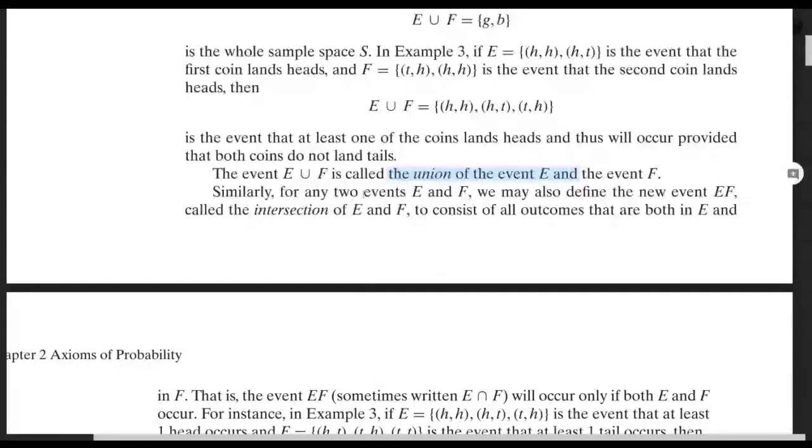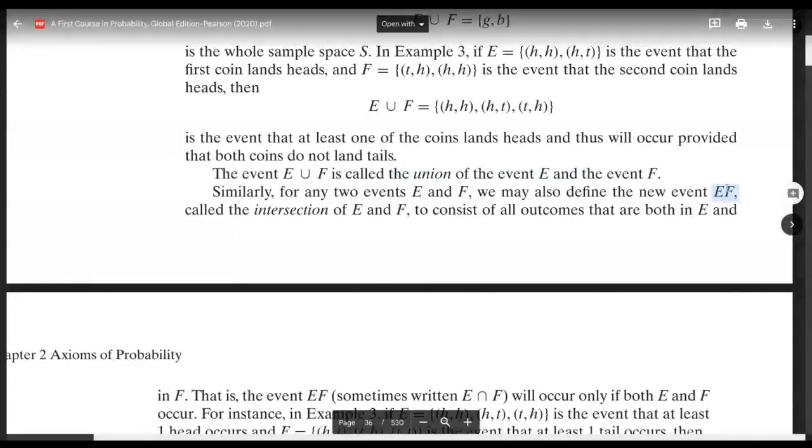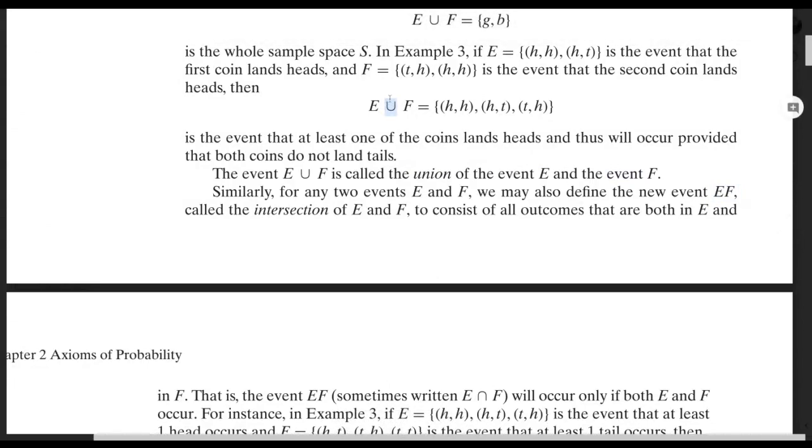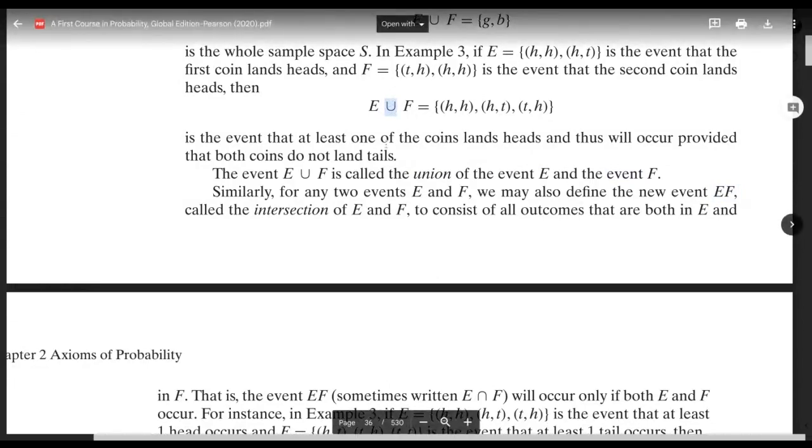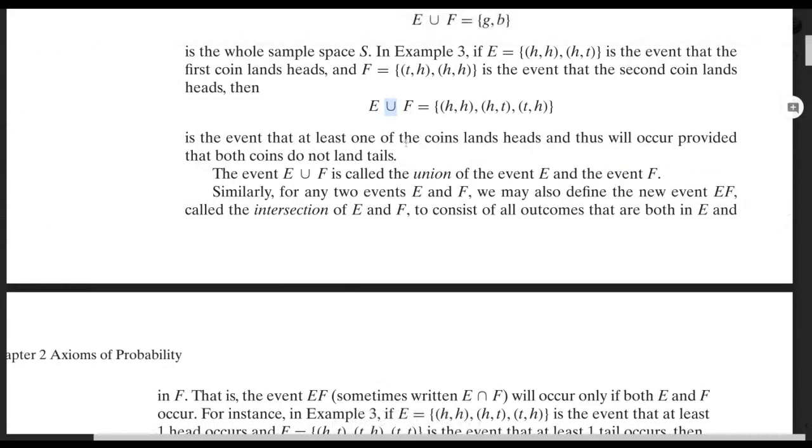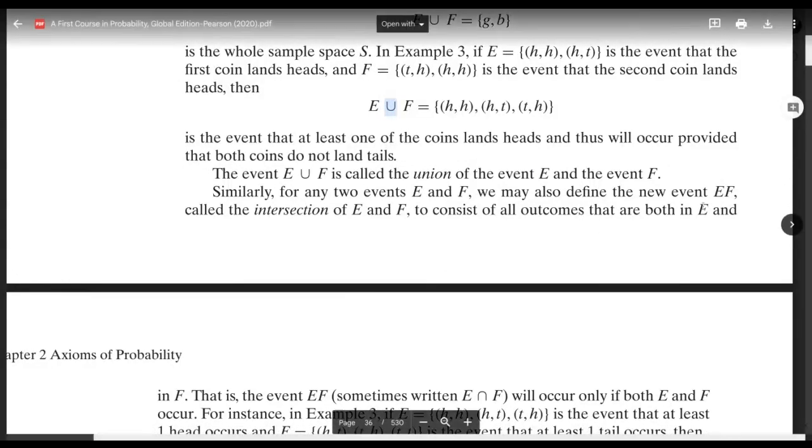Similarly, for any 2 events, E and F, we may also define a new event EF. What does this mean? This means intersection. The textbook uses this differently. Usually for intersection, we turn this union sign upside down to represent intersection. But this textbook, I guess, just uses EF, which looks like a multiplication.